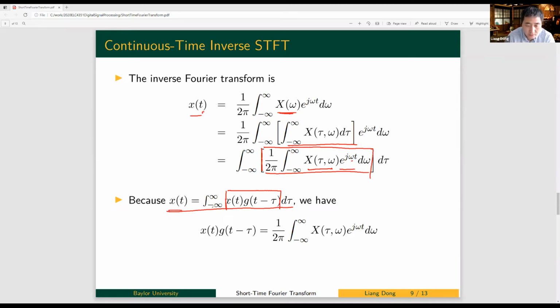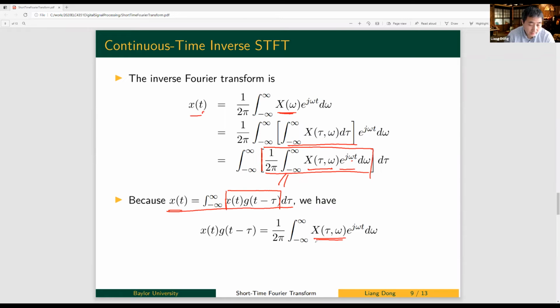So those two parts should be equal. And then we get x(t) times g(t - tau) equal to the thing inside the red box: 1 over 2 pi, integration of capital X(tau, omega) e to the power j omega t d omega. And this is of course true because this part is the short-term Fourier transform result.